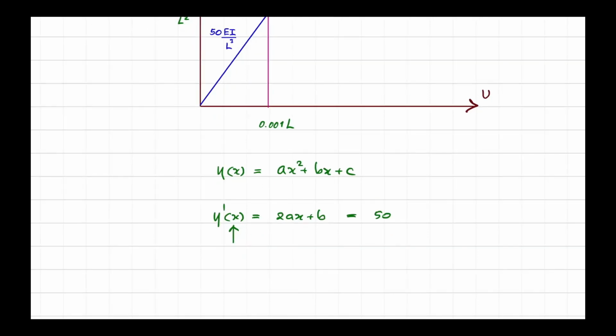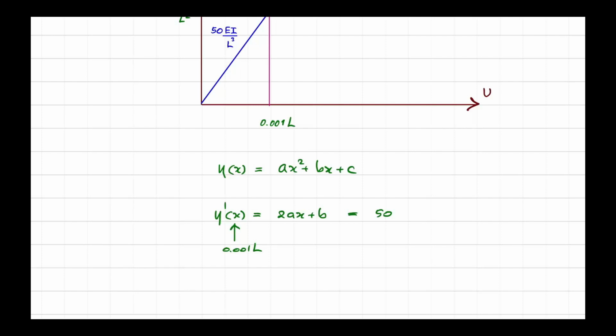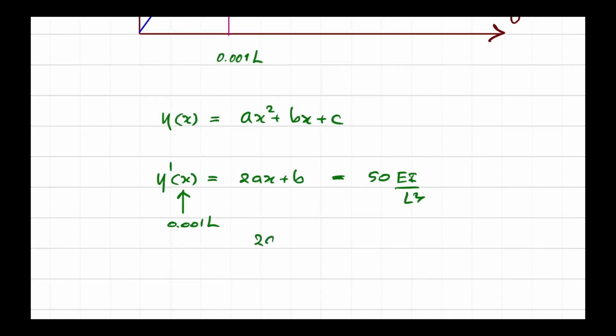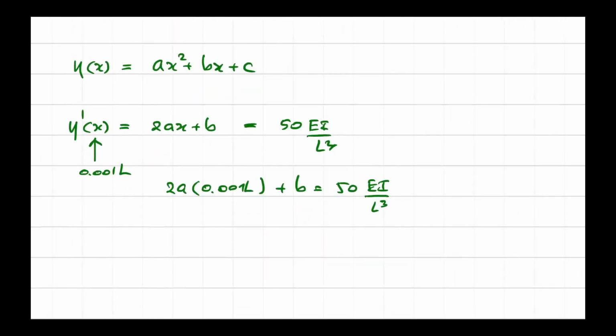Fine, just understand that it's going to be the x. So substitute the 0.001 L in there, and then you will get 50 EI over L cube. So 2a multiplied by 0.001 L plus b equals 50 EI over L cube, the first equation.